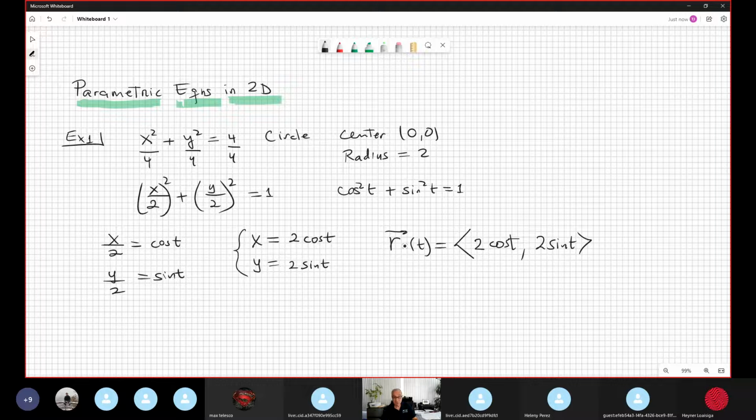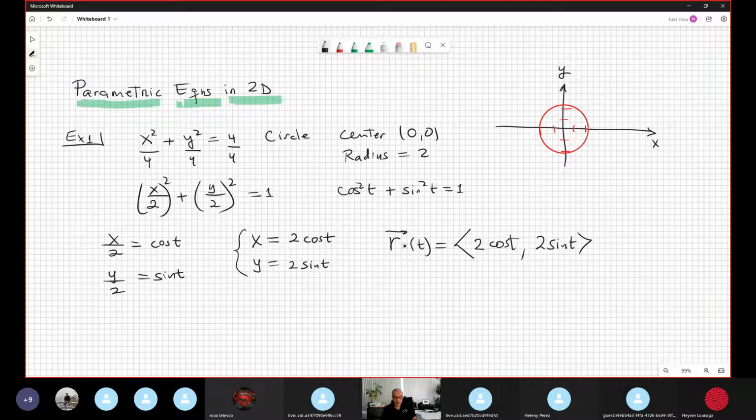Okay, this is a circle. This is a parametric form that represents this curve. Let me try to do my best. The circle has radius 2 and center at the origin, something like that. This is the x-axis and this is the y-axis.